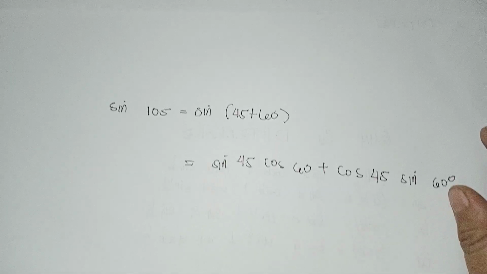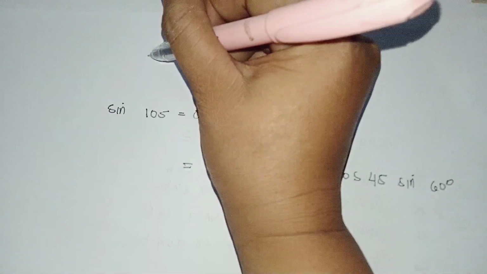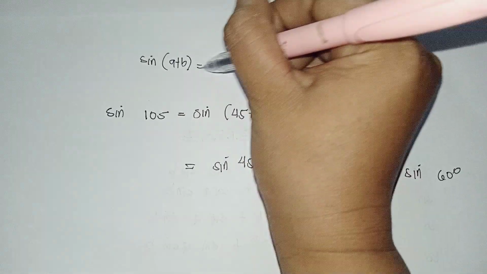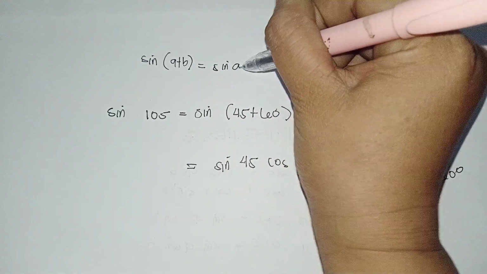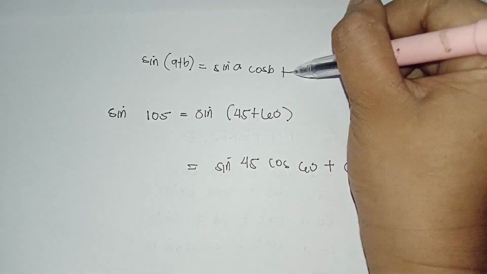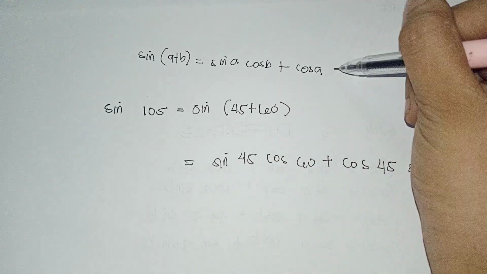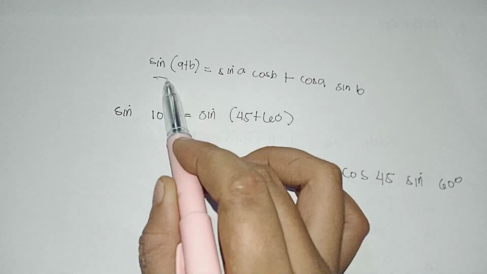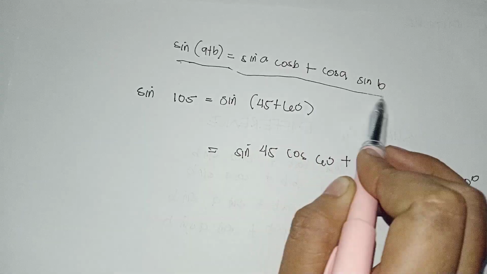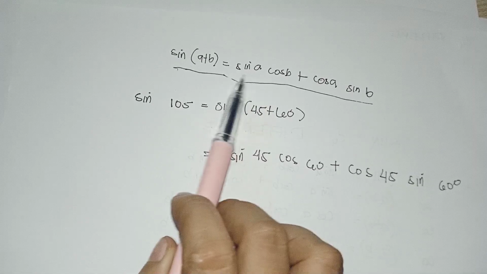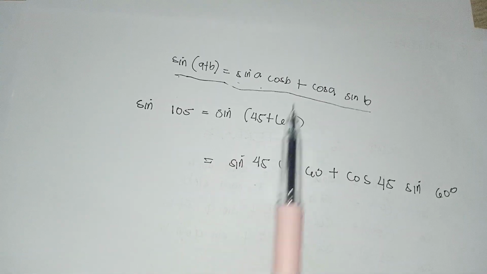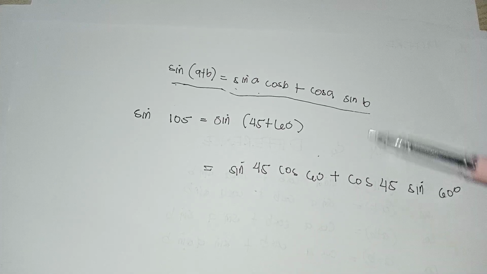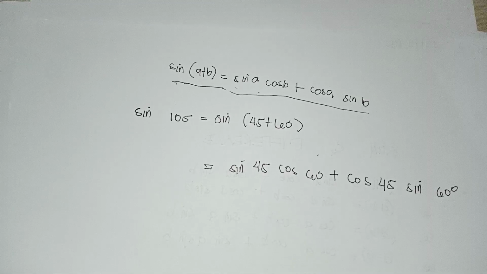The formula that I will use is the first one, sine of A plus B is equal to sine A cos B plus cos A sin B. This is the formula. So your sin A is 45, your cos B is 60, cos A again 45, and sin B is 60.